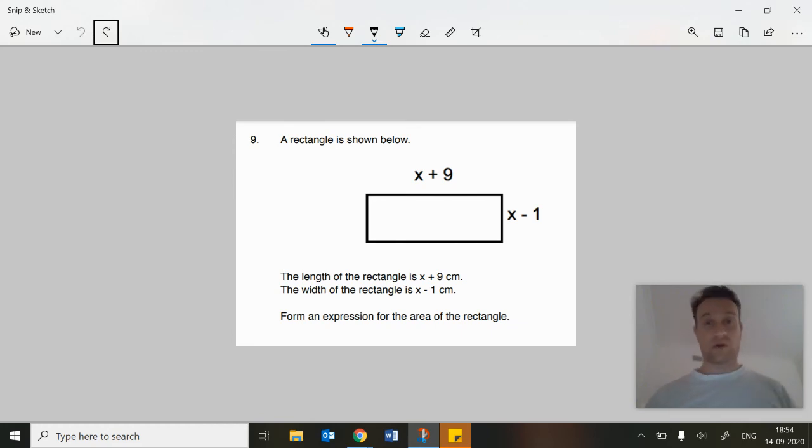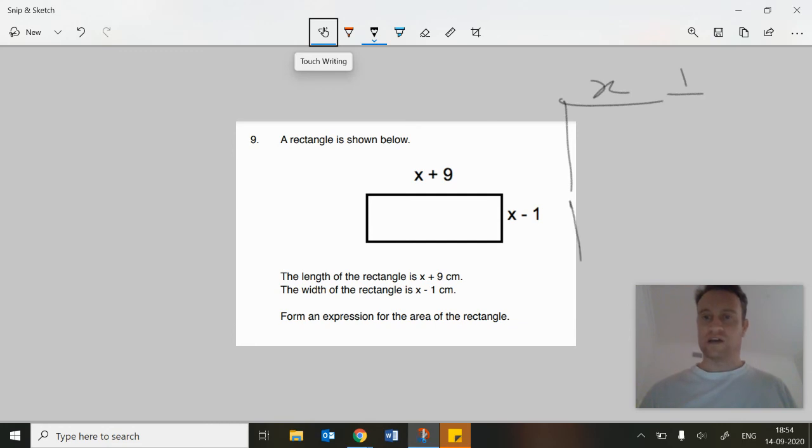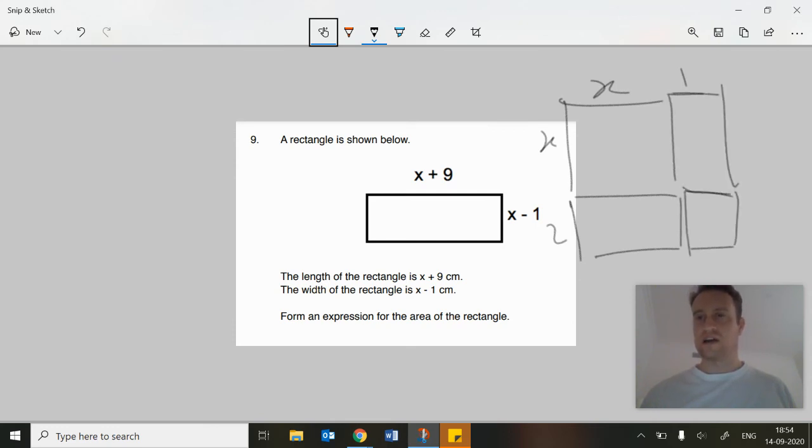I don't really know how long x is, but you could have something like this as a question. Have x plus 1 and then x plus 2 as our lengths here. And that could give you 4 areas. X times by x, 1 times by x is x, 2 times by x is 2x, and 1 times by 2 is this 2 here.